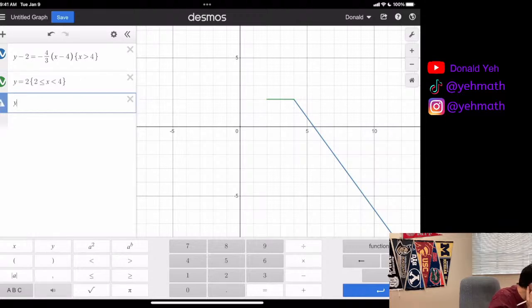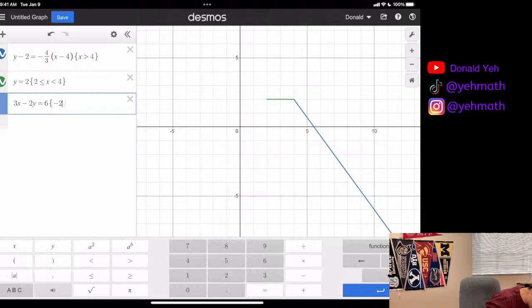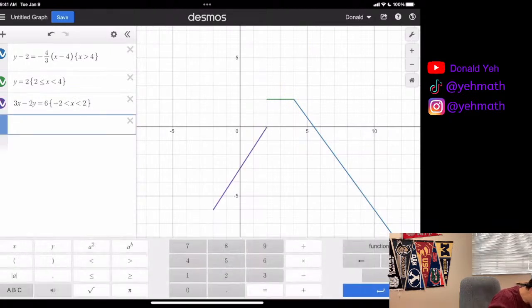What's the next function? What's the restriction? -2 less than x less than 2? Okay. What's the last one?